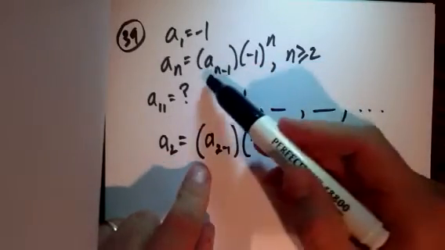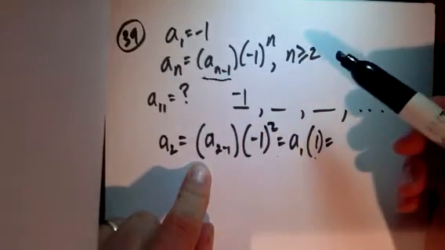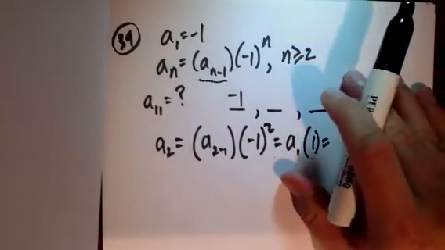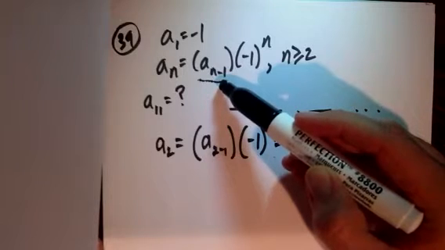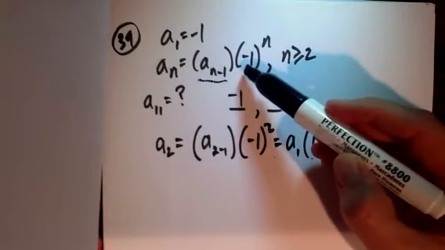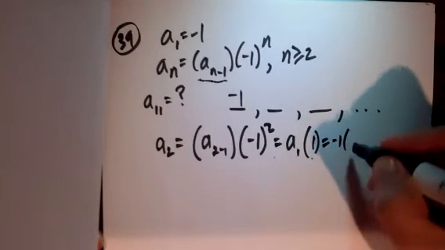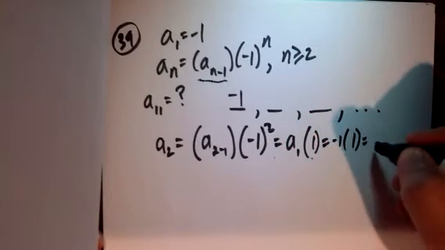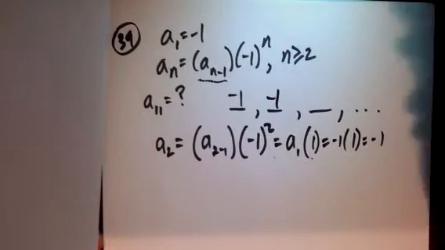That's because this part of the recursive sequence formula tells you, hey, look at the term immediately preceding this one, multiply it by -1 to the nth power. So that's -1 times 1, which is -1. So the next term is -1.